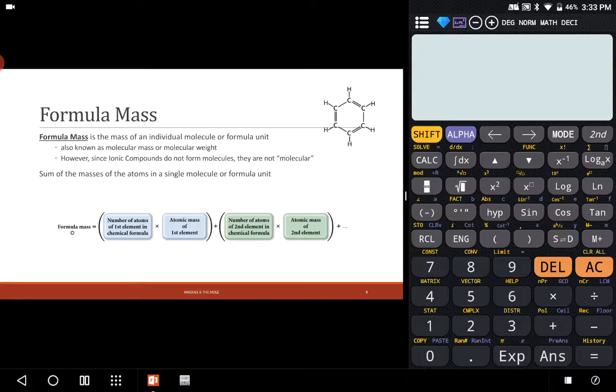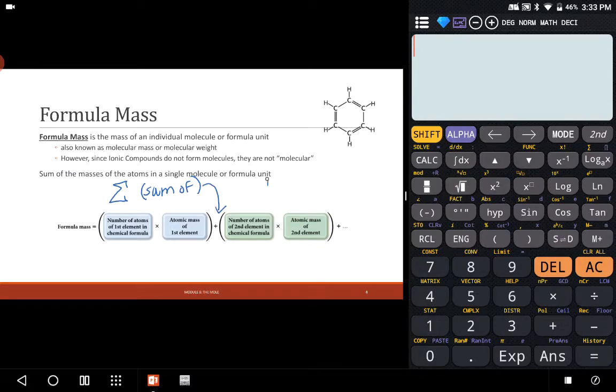And so the formula mass is equal to the sum of the number of atoms of each element times the mass of that element. In your textbook, they use this symbol, which means sum of. Whatever that symbol is in front of, that's what you're adding up.